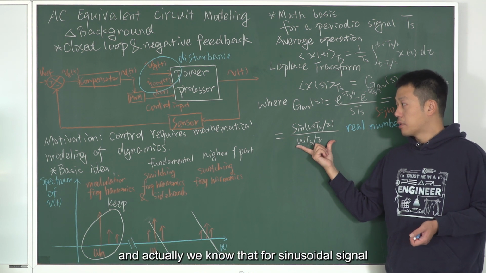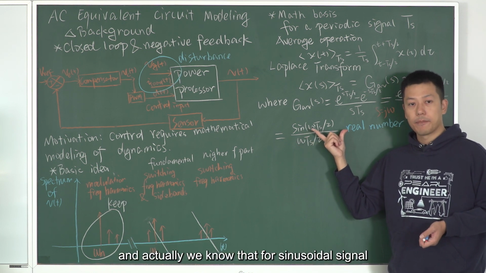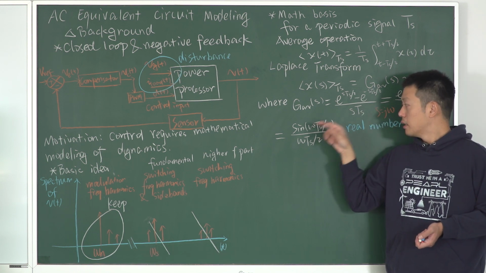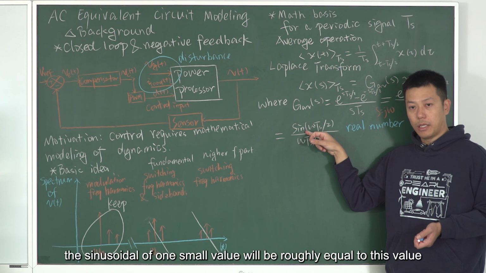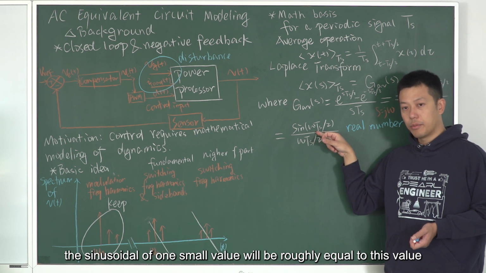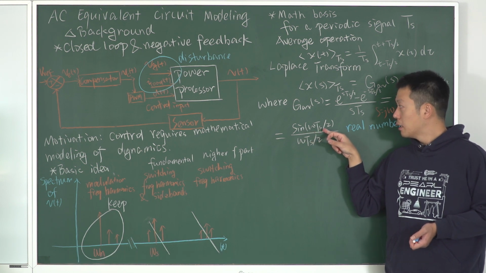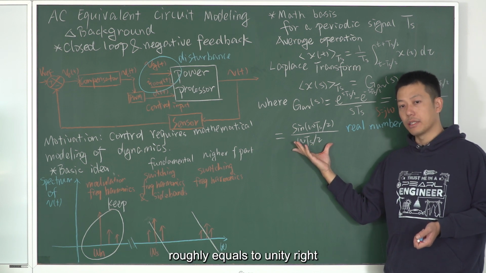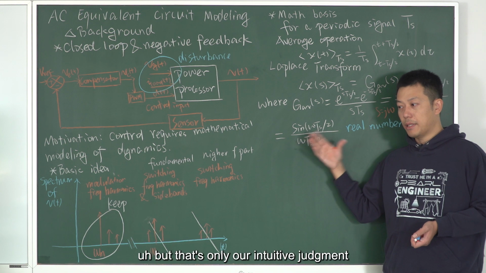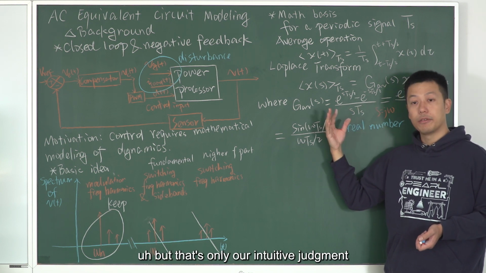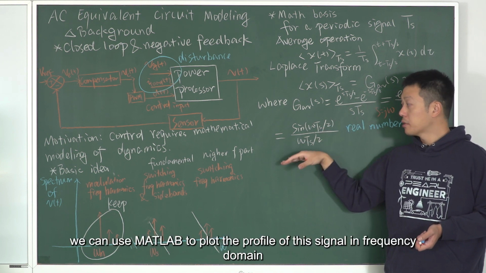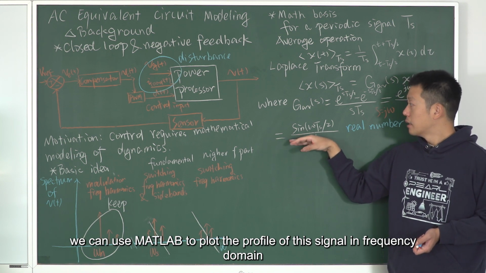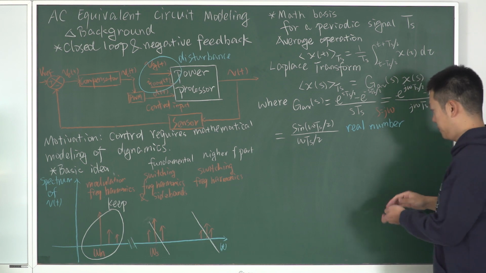For a sinusoidal signal, if the argument is very small, the sine of a small value is roughly equal to that value, which means at low frequency it could be roughly equal to unity. But that's only our intuitive judgment. We can use MATLAB to plot the profile of this in the frequency domain.